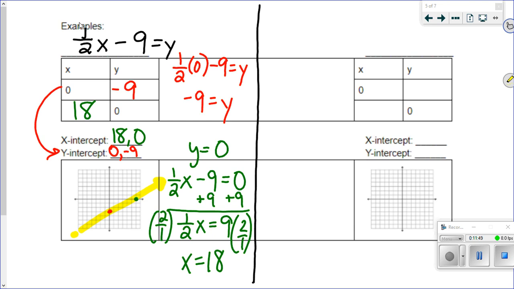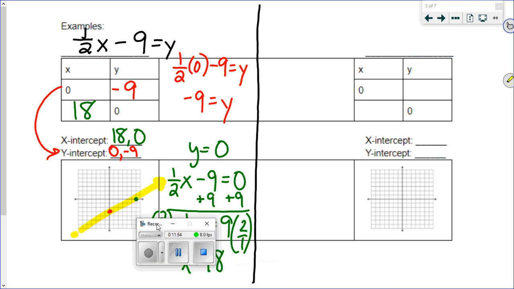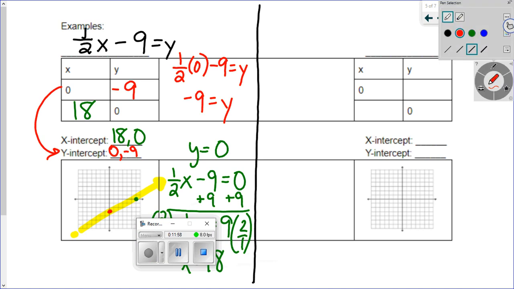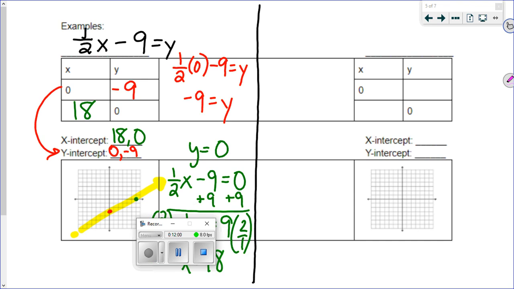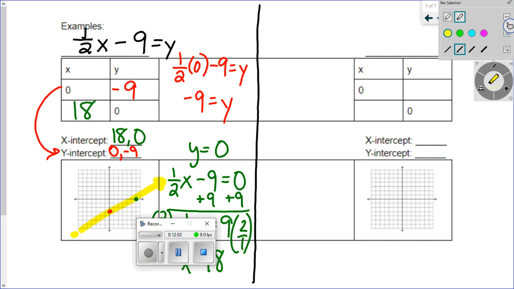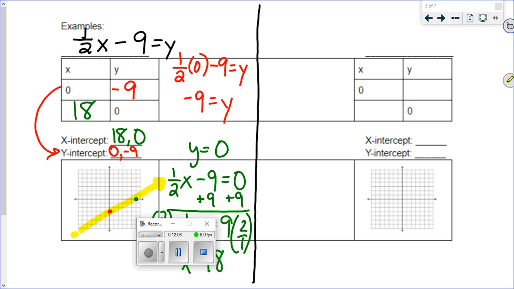Our final example is done the exact same way as the other 3. This also involves a fraction. The problem that you're going to be given is y equals 2/3 x minus 2. The first step tells me to make x equal to 0.